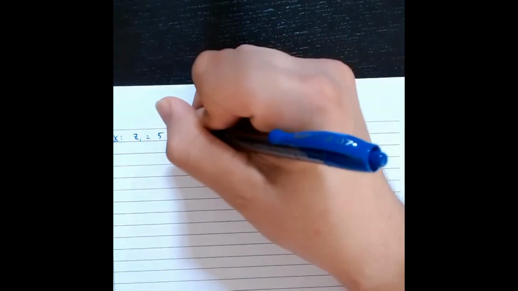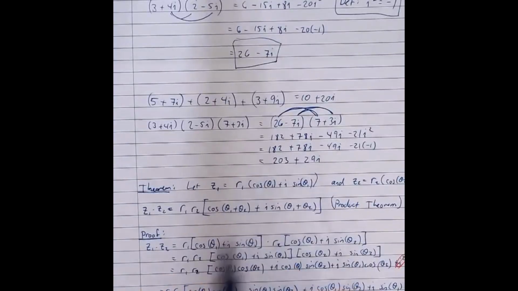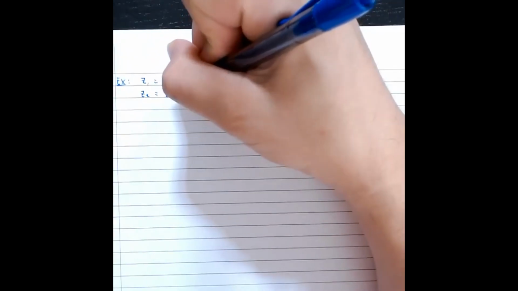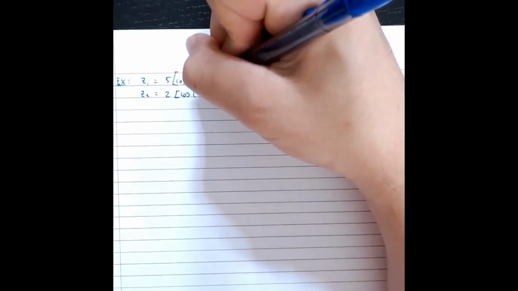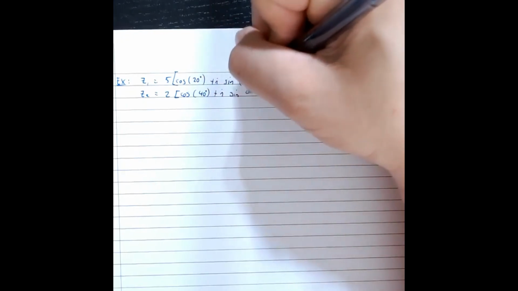Incidentally, you can also write this in the cis notation, but here I'm going to write it out the long way so that it looks more like our theorem. But if you're comfortable using the cis notation, as long as you keep it straight, it does mean the same thing. Here I'm going to say z2 is equal to 2 times the cosine of, let's say, 40 degrees plus i sine of 40 degrees.